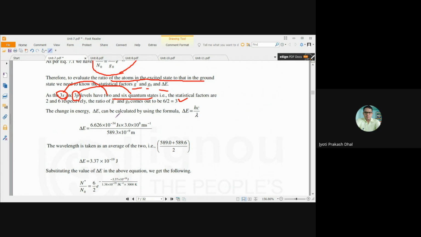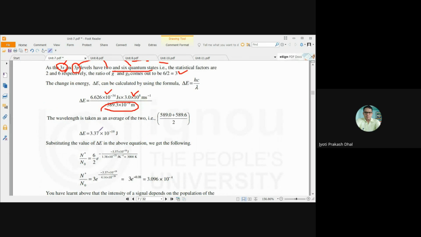And again we know that del E equals hc by lambda, putting the value of Planck's constant h and the velocity of light c. Here lambda is given as 589.3 nanometer, that is 589.3 into 10 to the power minus 9 meter, which is the average of the two lines.